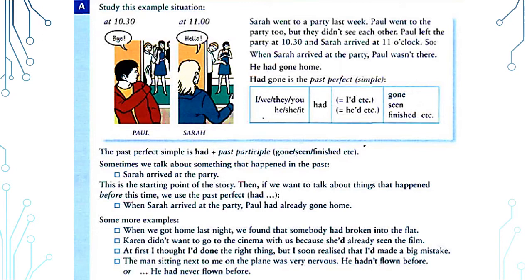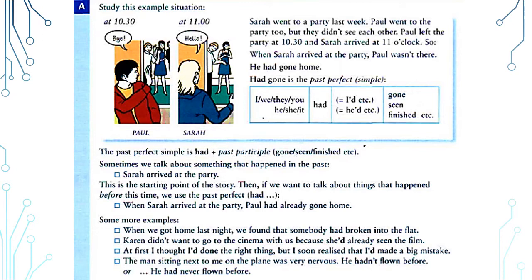We have had or I'd, he'd, abbreviated or shortened. Had gone, had seen, had finished, etc. The past perfect simple is had plus the past participle of the main verb.